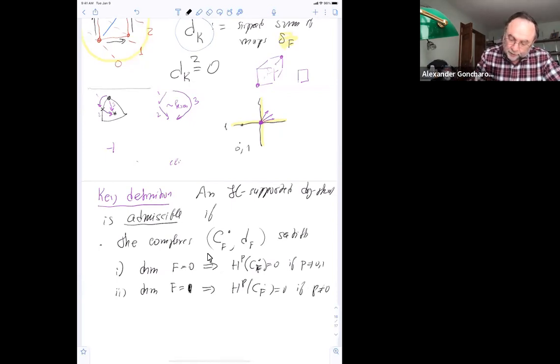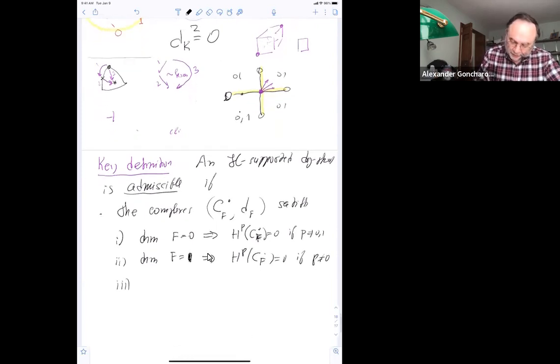Here the cohomology could be only in degree 0, while at vertices it could be in degrees 0 and 1. And if you consider any higher dimension strata, which means the dimension of F is bigger, in our case equal to 2, but it's a generic condition, then this complex is just acyclic.